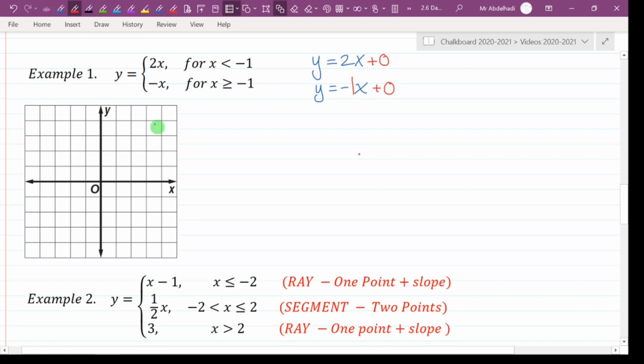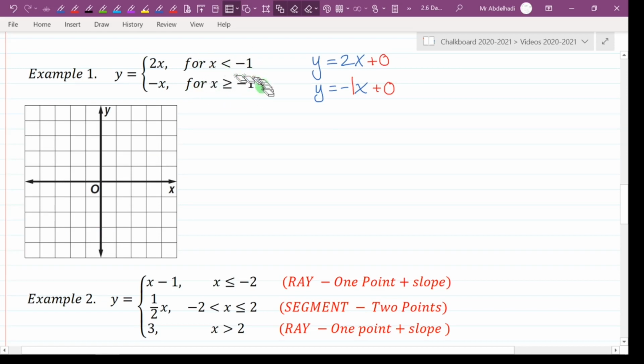If we were to just draw these lines, y equals 2x would look something like this, right? And y equals negative x would look something like this. Would this pass or fail the vertical line test? This would fail, because if you go straight down, you hit it twice. Boom, boom, fail, not a function. So you can't just draw the two lines. You have to look at the domain constraint.